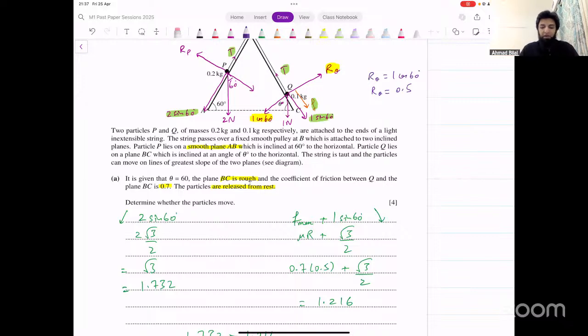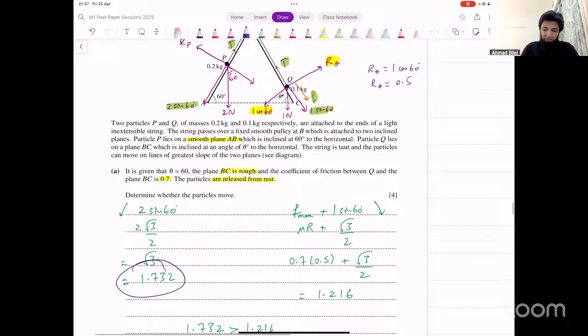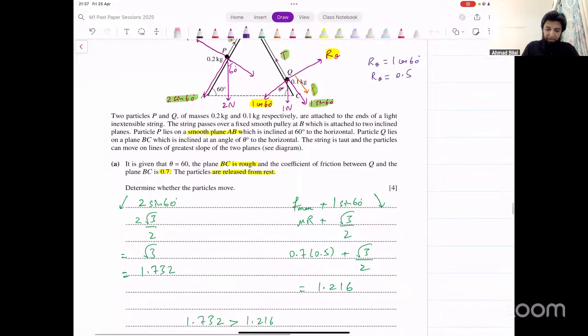So we're just comparing the forces, comparing this force and this force. If the force acting in that direction was, let's suppose, 1 Newton, and this was 1.216 Newton, what would happen in that case?